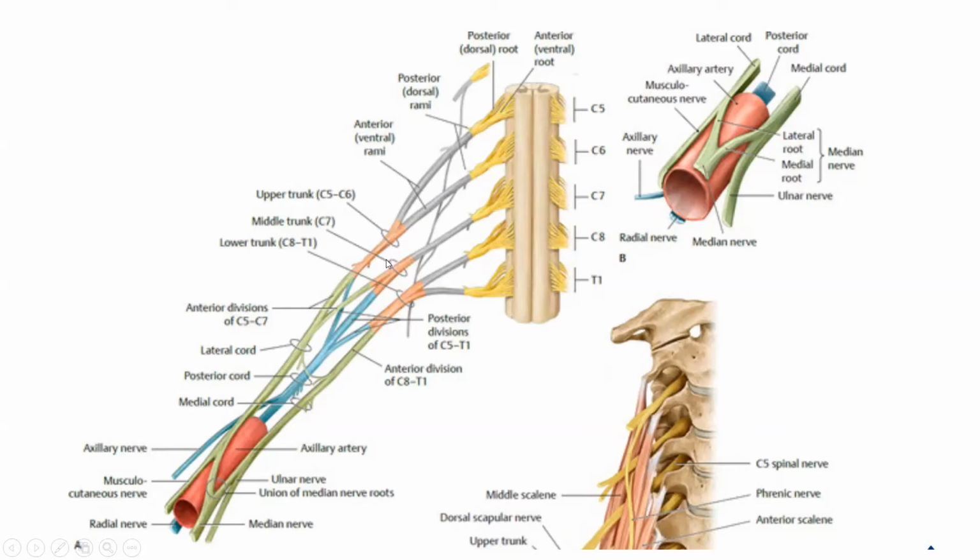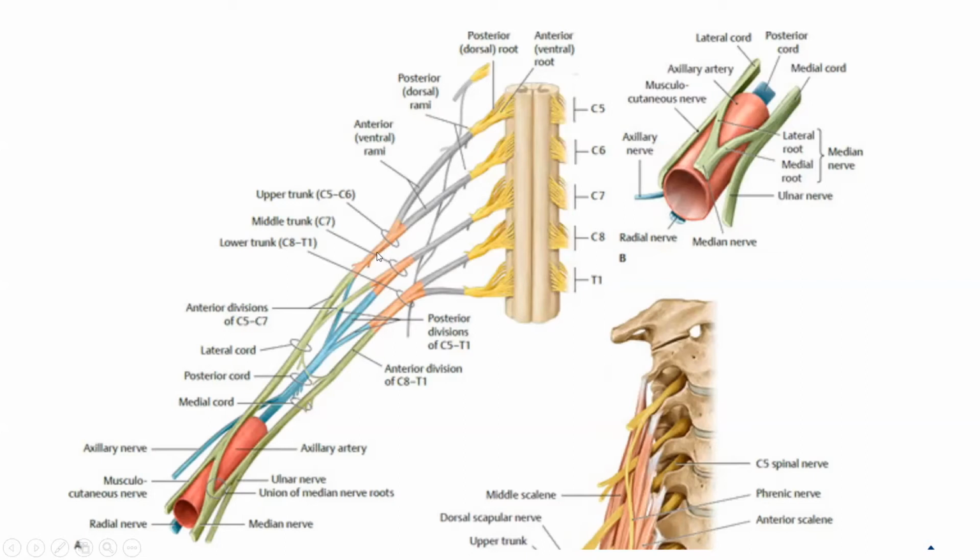We said that the scalenic fissure is the fissure between the anterior and middle scalene muscle. Through it passes the subclavian artery, and above that passes the brachial plexus. So here you can see mainly in the scalenic fissure the trunks of the brachial plexus.